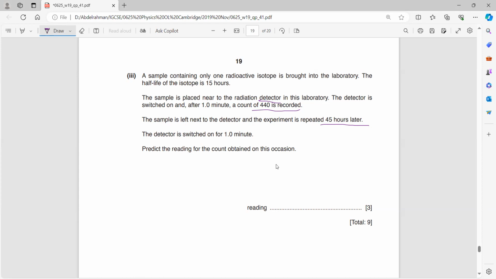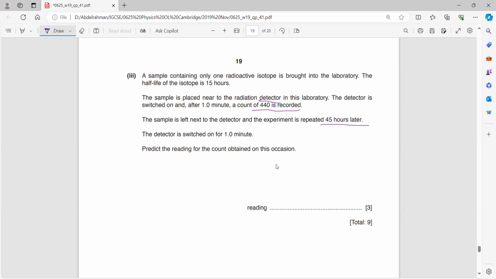Can anyone tell me how I will find the reading after 45 hours? What are the steps required to calculate the reading after some time? Don't you remember at all?